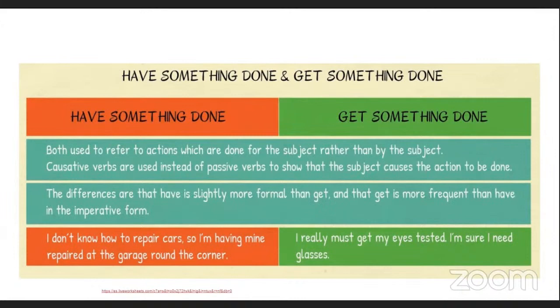Okay, then the only cases where I can have something done is in the present, like have or get, in the past simple with had and got, in the present continuous, like having and getting, in the future, like will have and will get, and in the past continuous with was having and was getting.